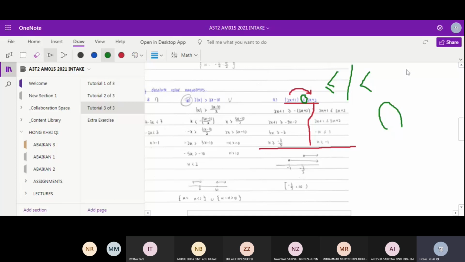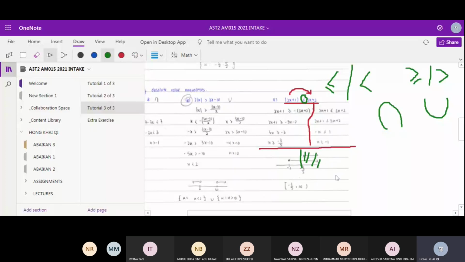If the question is more than or equal to, we need to find the union. So for these questions, the symbol is less than or equal to. We need to find their intersection area. So when we draw a number line, you can see the negative 1 here and negative 3/5 here. Their intersection area is here, more than negative 3/5.